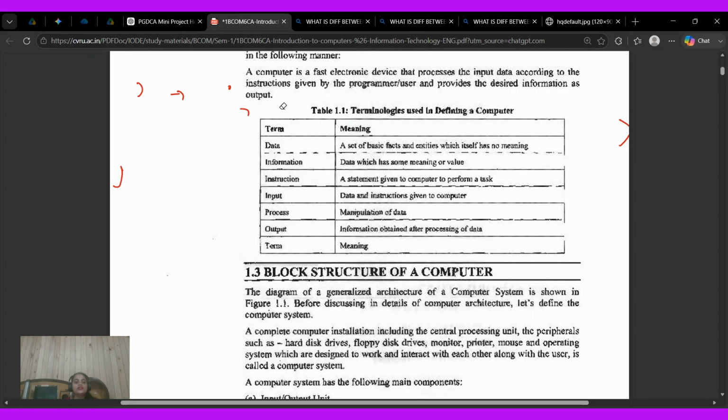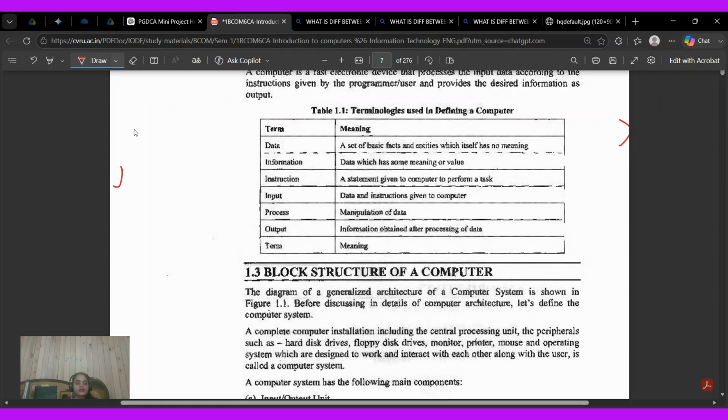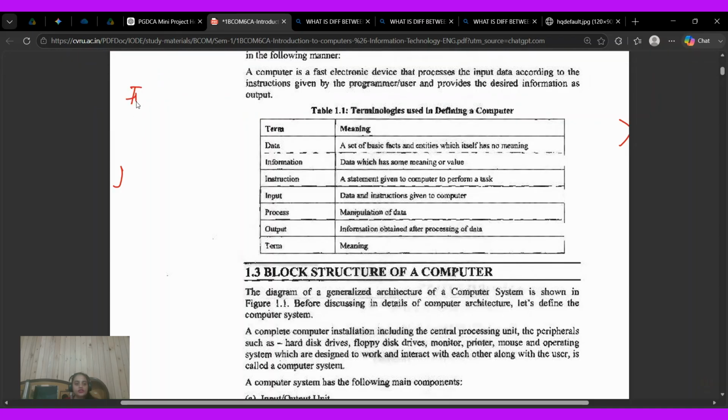Now you're understanding the difference between information and data. So what is information? It is processed data that has meaning.